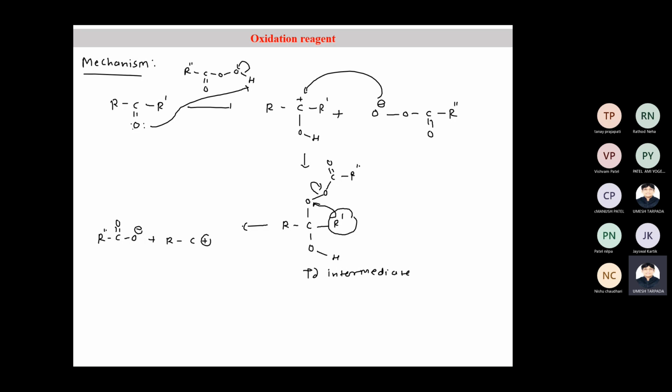This is the group which is migrated. R dash migrates nucleophilically from carbon to oxygen. The first step is protonation and the last step is deprotonation.